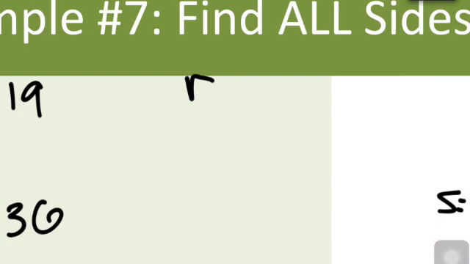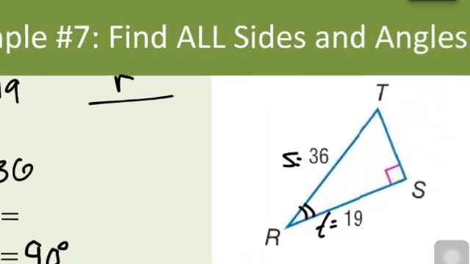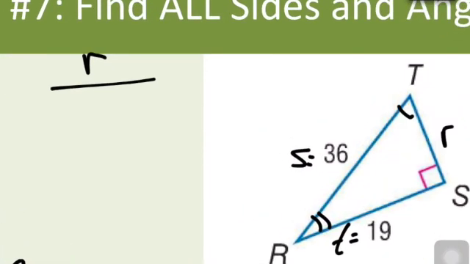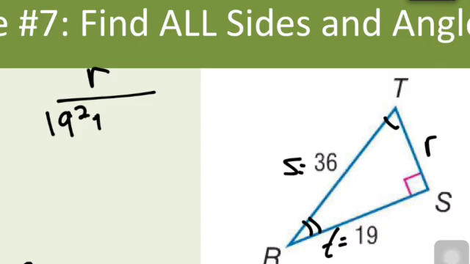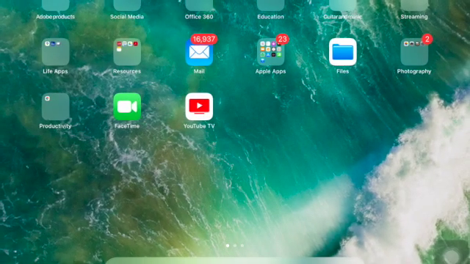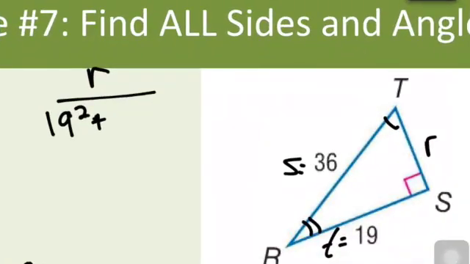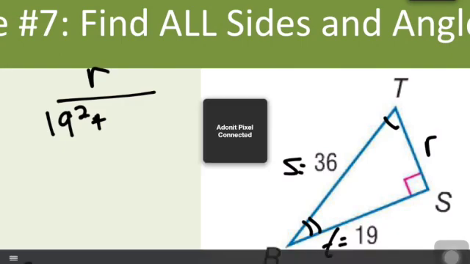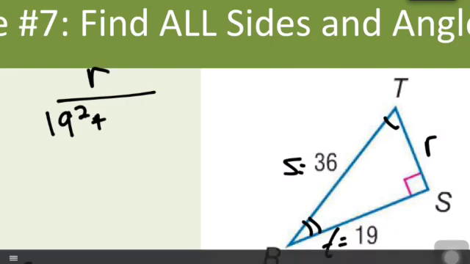So for side R, the way we can solve this is, if you notice, we're given two sides of the triangle, right? So this is a right triangle. Whenever I'm given two sides, I can automatically use the Pythagorean theorem. So I can do 19 squared plus r squared is equal to 36 squared.